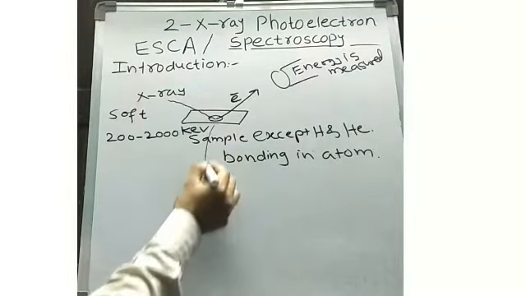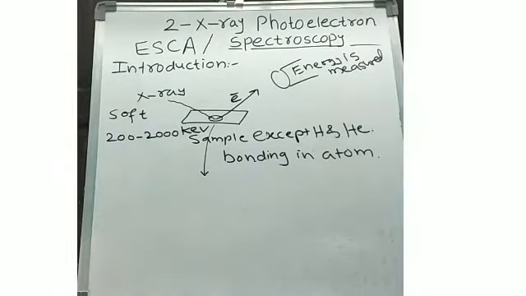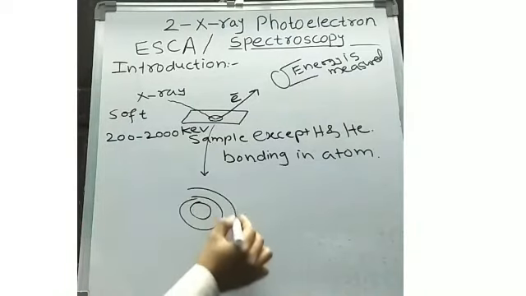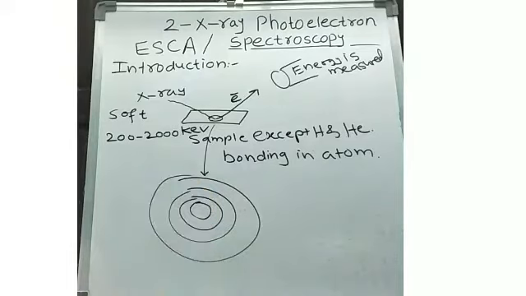Suppose we draw the picture of the atomic structure like this. This is the nucleus and these are the shells K, L, M. Now what is the binding energy? We are explaining the binding energy. Here it is the 1s orbital, and here 2s, 2p, 3s, 3p, and so on, 3d.